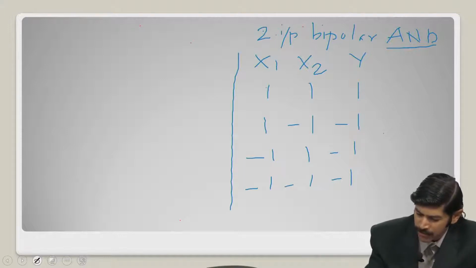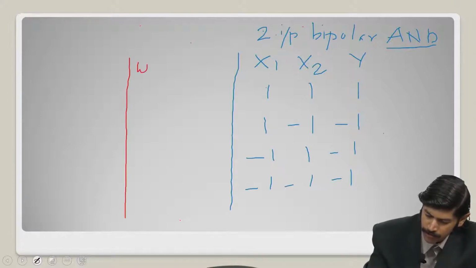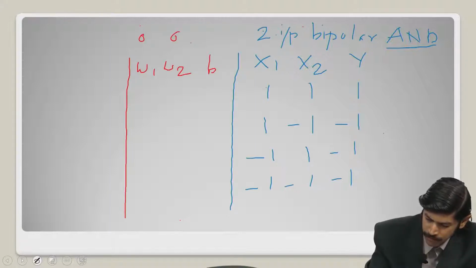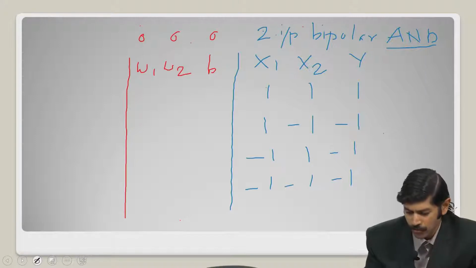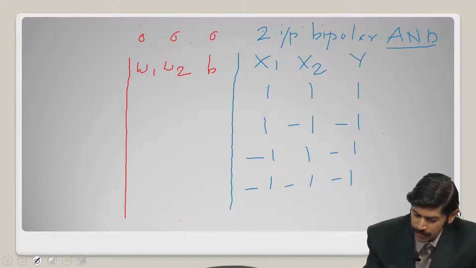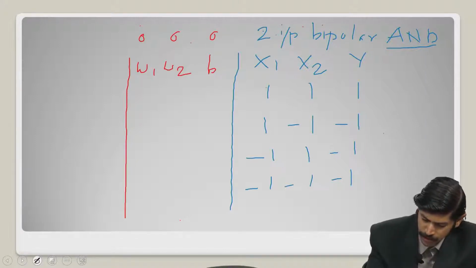So let us begin our journey, and in this journey what we are going to do is calculate the values of W1, W2 and bias B, and initially these values will be set to 0. In this journey we are also going to study the changes in these values, that is delta W1, delta W2 and delta of B.